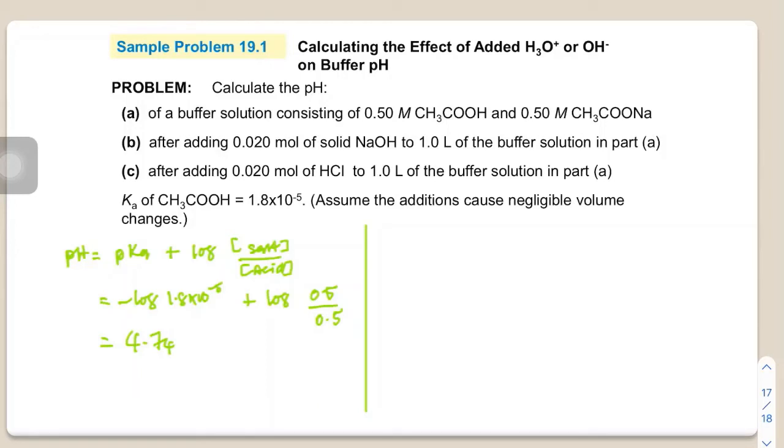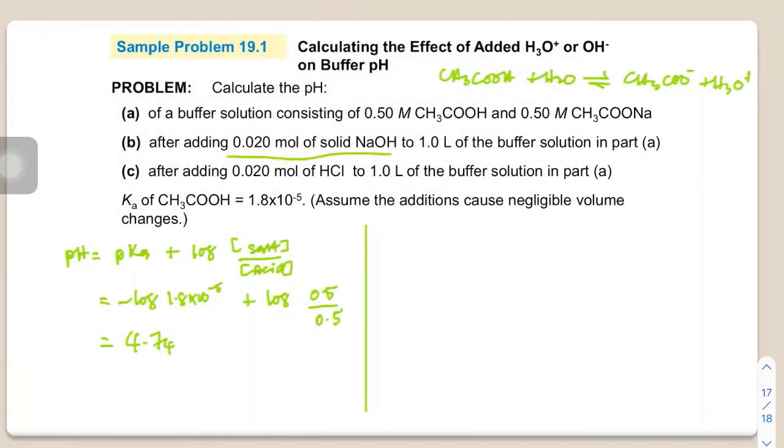As for B, calculate the pH after the addition of 0.02 mole of solid sodium hydroxide to 1 liter of the buffer solution. So base is being added, so we have to decide in the system what our acid and what the base is. We have CH3COOH plus H2O dissociating into CH3COO minus plus H3O plus.